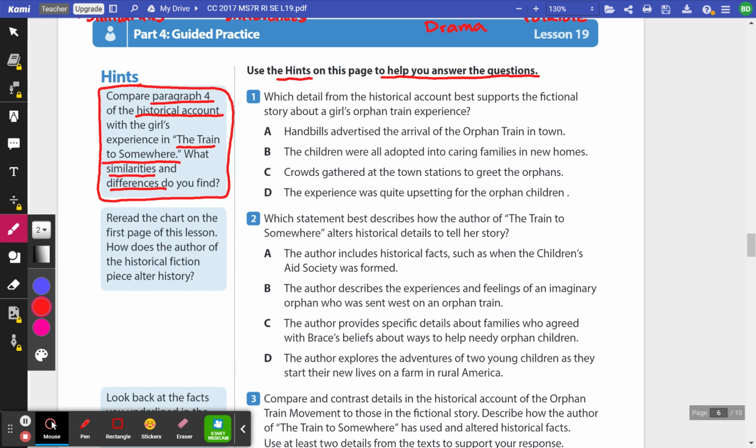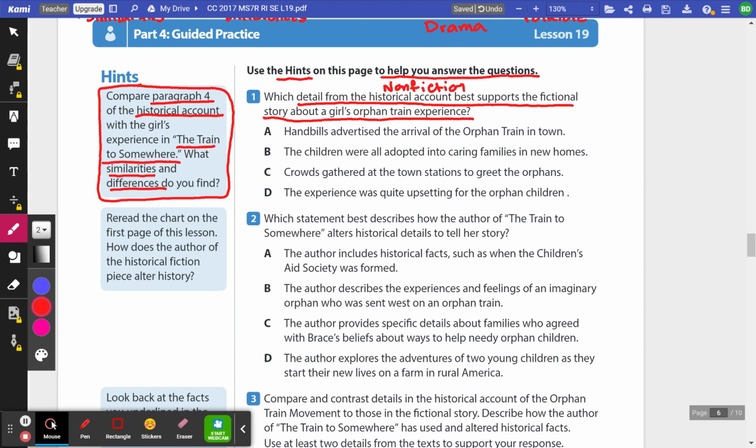So it says, which detail from the historical account best supports the fictional story about a girl's orphan train experience? So I know my historical account is nonfiction. And I know I'm looking for a detail in that historical account that's going to support the fictional story about the girl that we just read about in the last video.